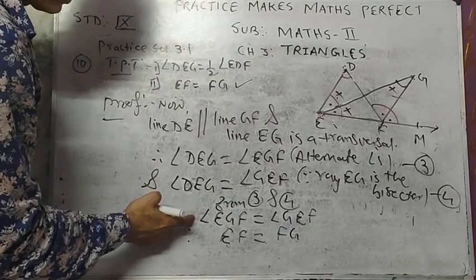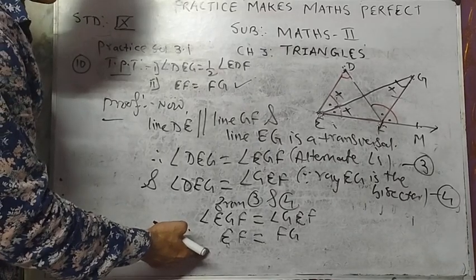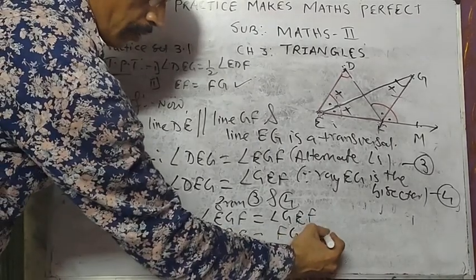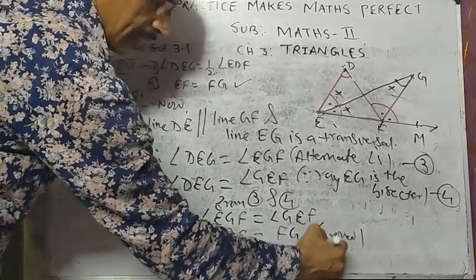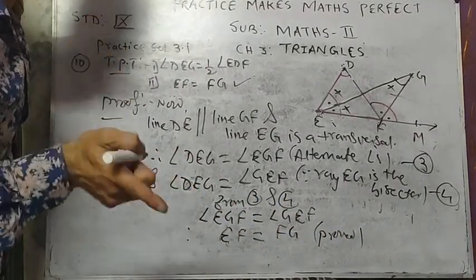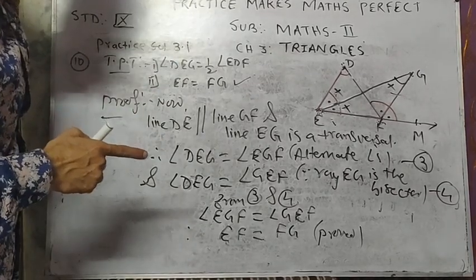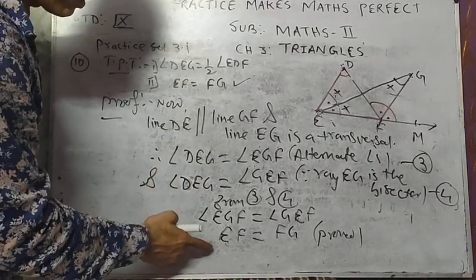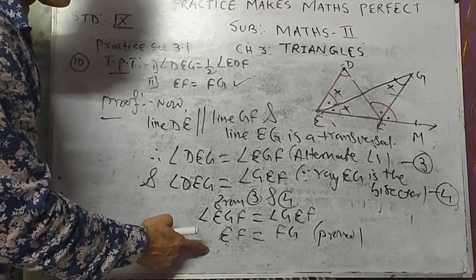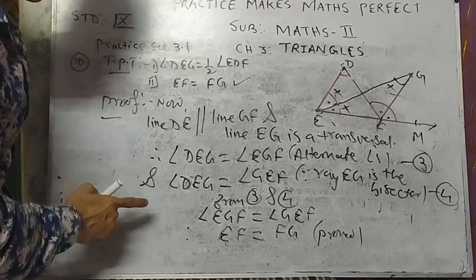Two angles are equal, so automatically two sides are also equal. Proved. The reason is the converse of the isosceles triangle theorem, but we are not writing this reason here. So this sum is completed.